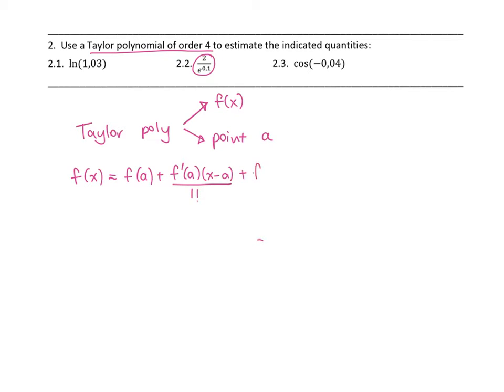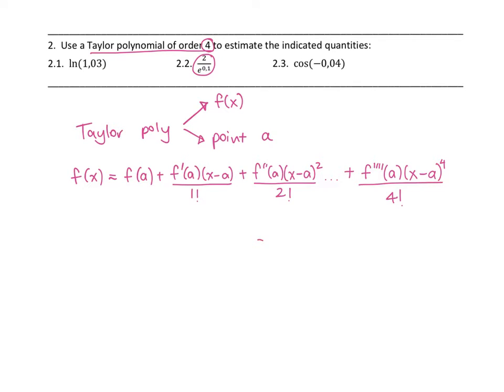Then we add on second order terms, so the second derivative, and that gives us our x squared term. That gets divided by 2 factorial, and we keep going as far as we want to. In this case, we want an order 4 polynomial, so we want to go as far as the term x to the 4, which is going to require the fourth derivative and give us an x to the power 4 term. And we divide through by 4 factorial.